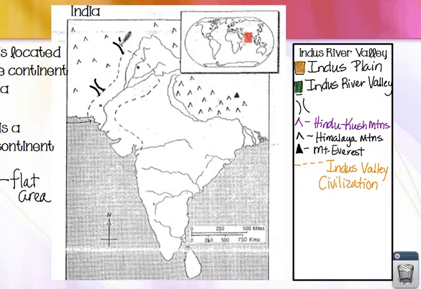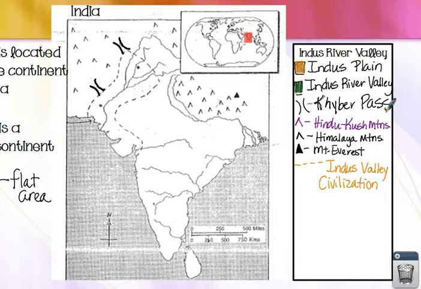And we're going to trace over those. Alright, these are called passes. This is actually the Khyber, K-H-Y-B-E-R, the Khyber Pass.